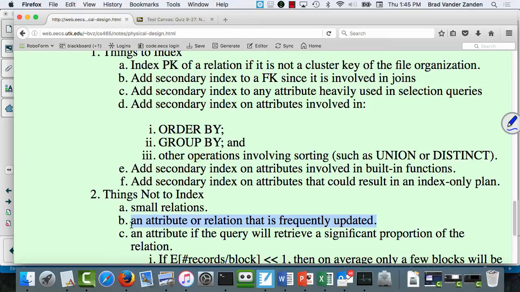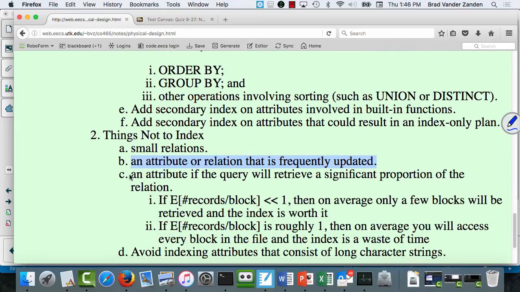So it's not clear whether you want to keep it sorted, whether you want indices on it or not. Probably you do, because people are constantly looking at your inventory. So even though it's being frequently updated, you still probably want to put an index on it. But it's something to be weighed, because every time you change the attribute in the relation, you have to change it in the index too.